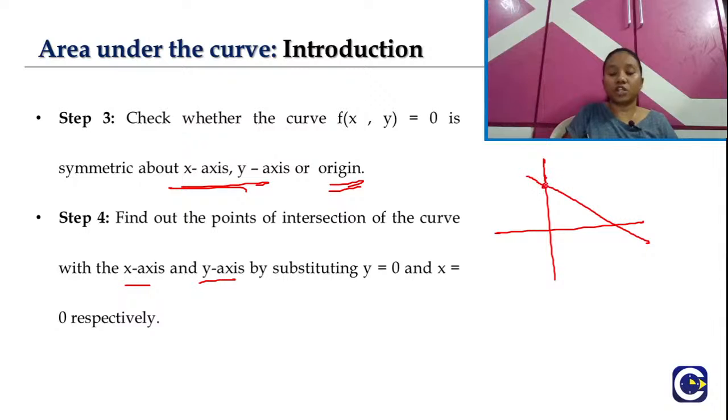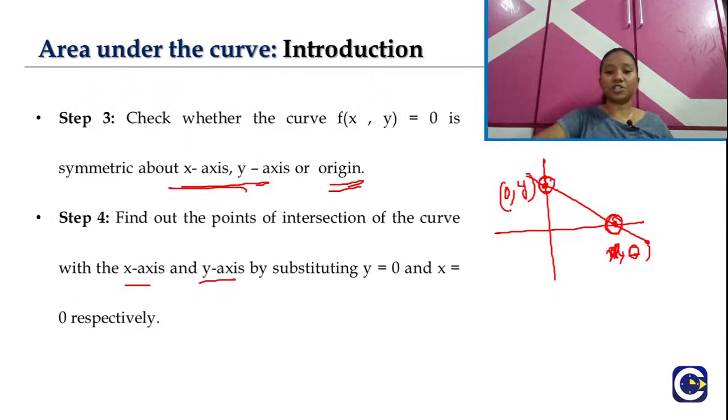This is the point of intersection of the line with the y-axis, and this is the point of intersection with the x-axis. How do we get these points? By substituting x equal to 0, we get some y value, and by substituting y equal to 0, we get some x value.